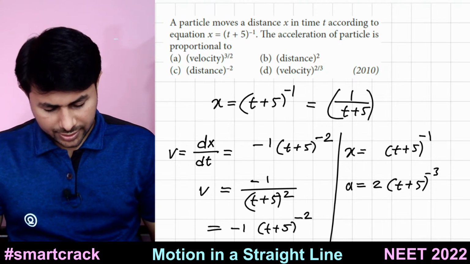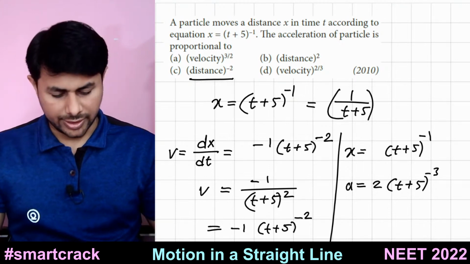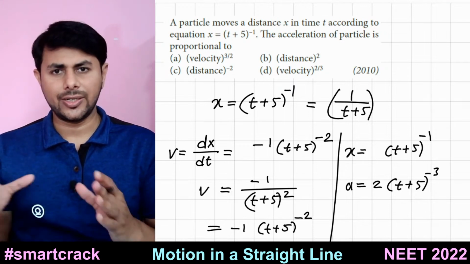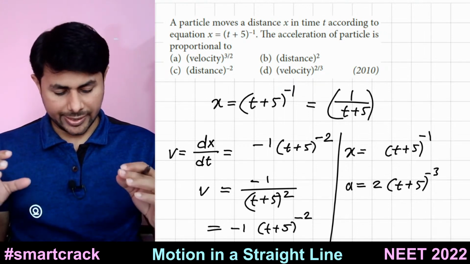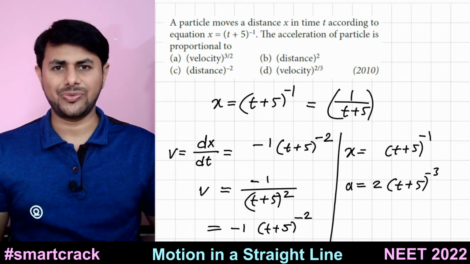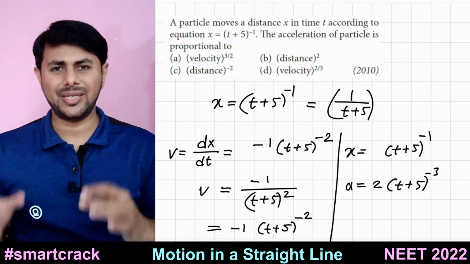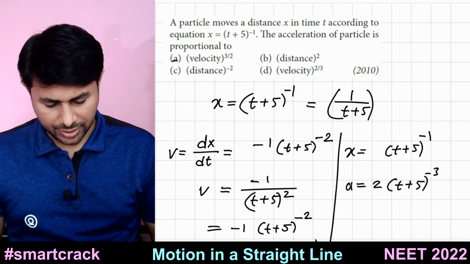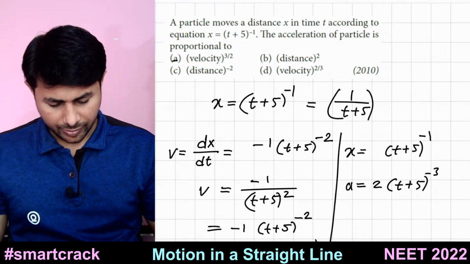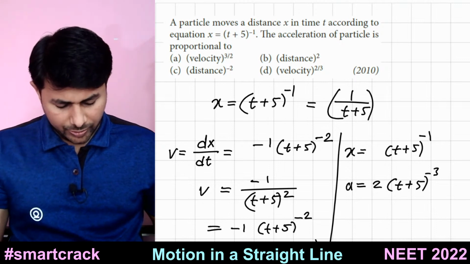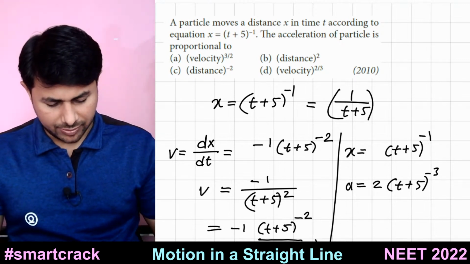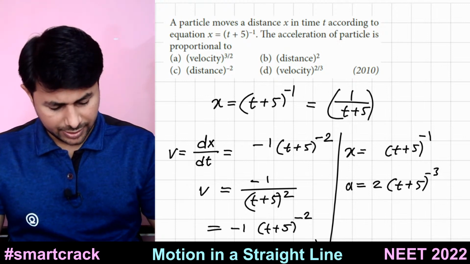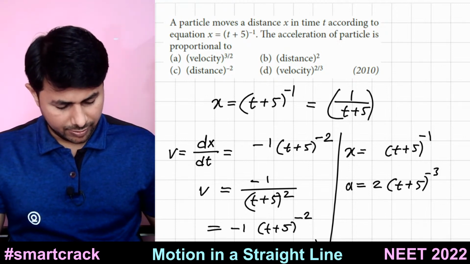So distance raised to minus 2 is also not correct, because if you take (t plus 5) raised to minus 1 and raise it to minus 2, you will get (t plus 5) raised to 2. So that's also not correct. So either this one or this one. Let's check that. So the formula for velocity is (t plus 5) raised to minus 2, and the formula for acceleration is (t plus 5) raised to minus 3.